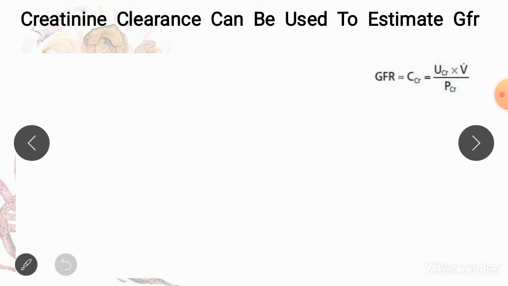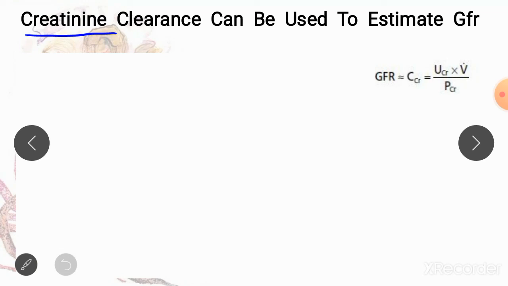In such people there is another substance which is formed within the body and it is freely filtered. It is not reabsorbed, but a very very small negligible amount of it is secreted into the nephron. So this substance can also be used to calculate GFR in candidates who are not fit for inulin, and this substance is creatinine.